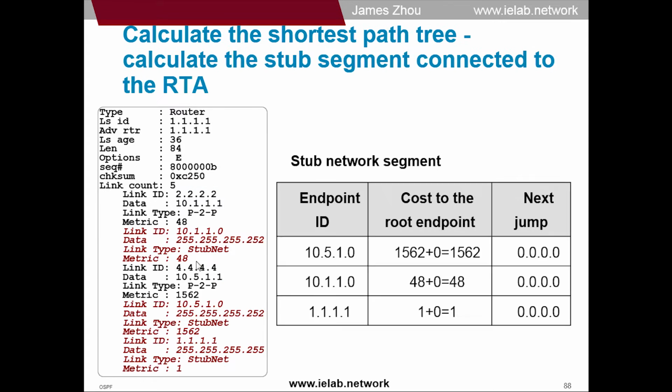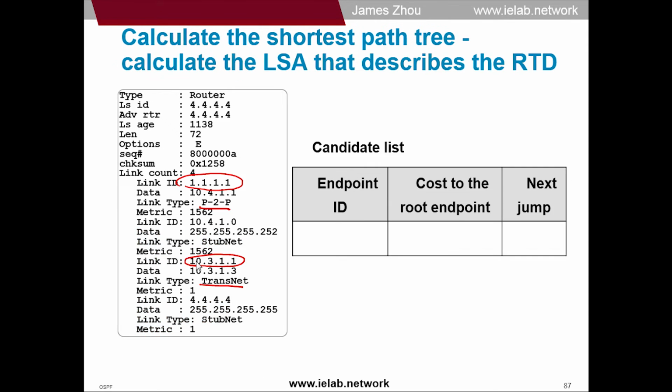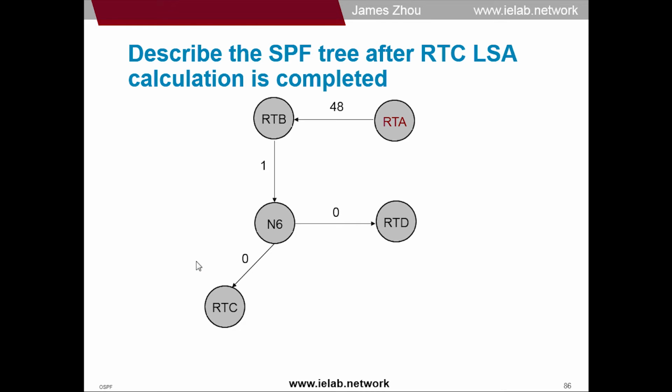So the shortest path tree is actually built already, right? This is the tree. Stage 1 is done.